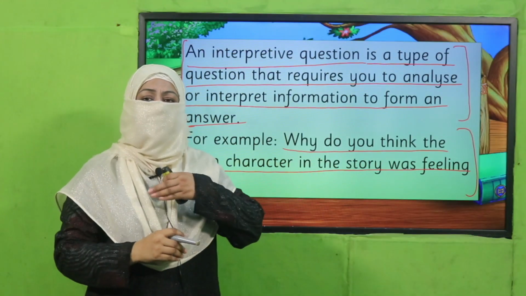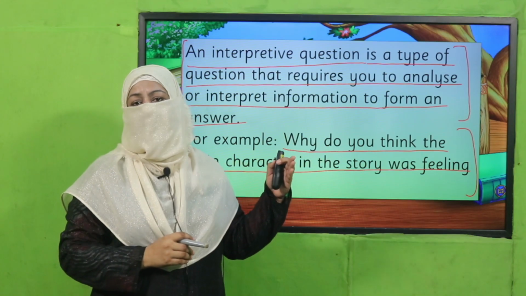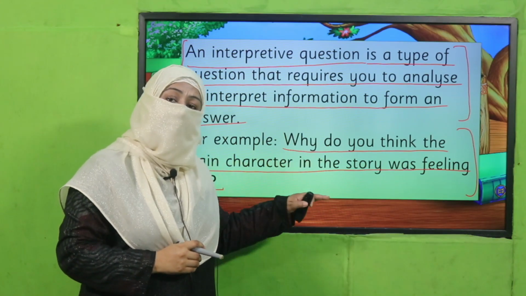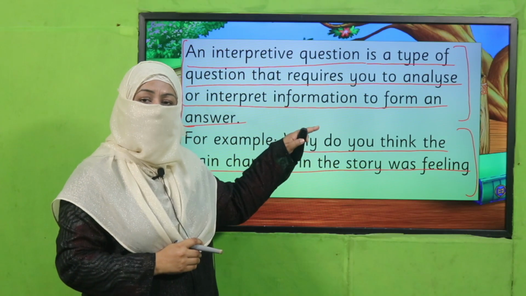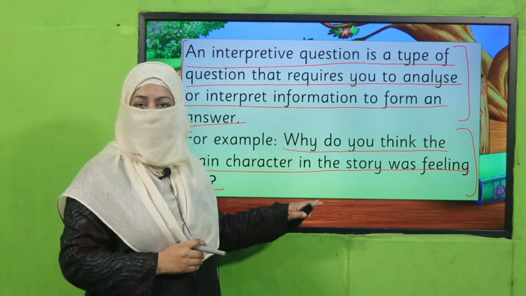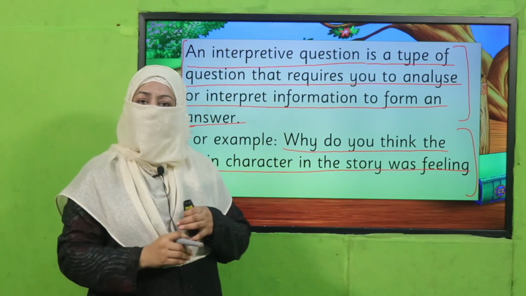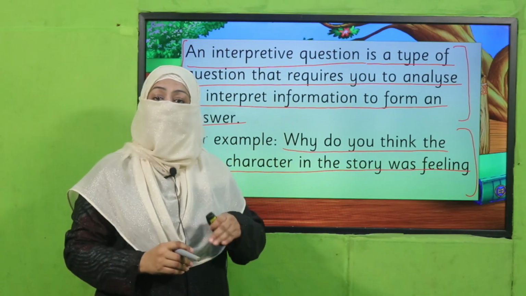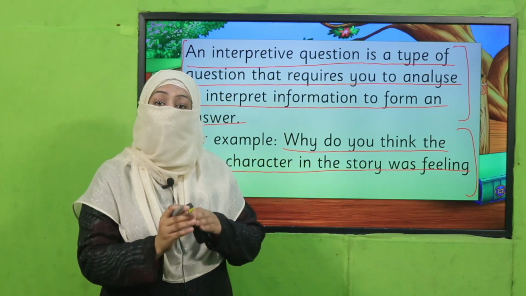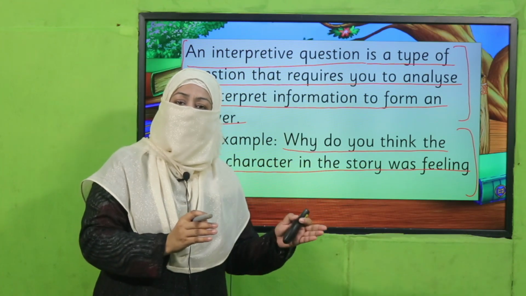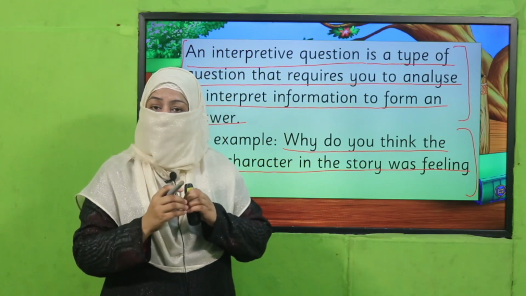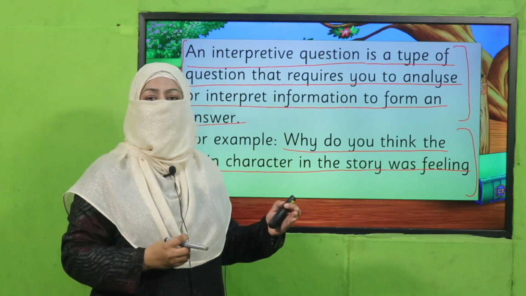Maybe there can be certain reasons for a person to be sad, but the typical reason which has been mentioned in the text, when you answer that, it becomes the right answer. So interpretive questions are basically logical questions in detail from the text. It's not necessary that you copy the words. It's important that you take the right information from the text, right?